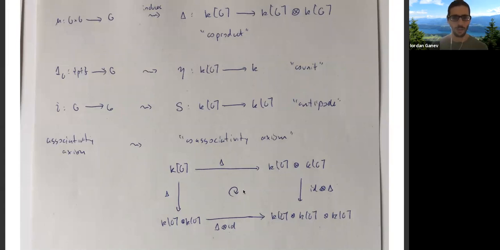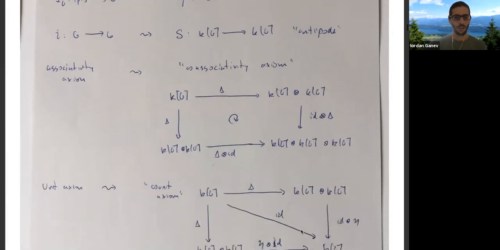This diagram is obtained from the associativity diagram by replacing G with k[G] and reversing the arrows. So mu becomes delta, and products of varieties become tensor products of algebras. That's the co-associativity axiom.